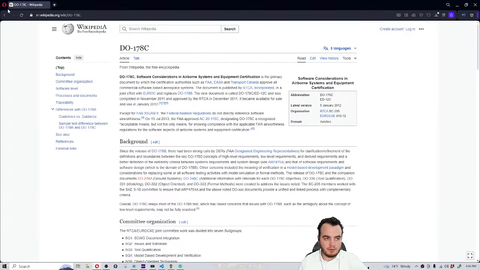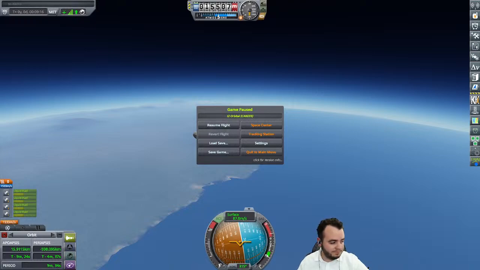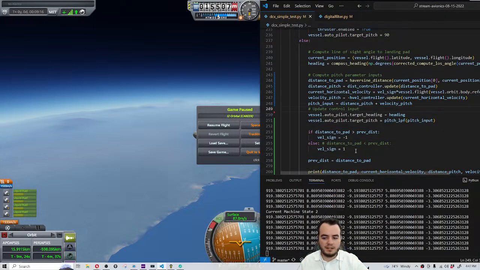DO-178C is typically for human applications, especially for flight. There's a whole bunch of these as well, like DO-224, I think, is for how to develop ground systems, or ground software, test software systems. That's just the one I know because of spaceflight and stuff, but yeah.